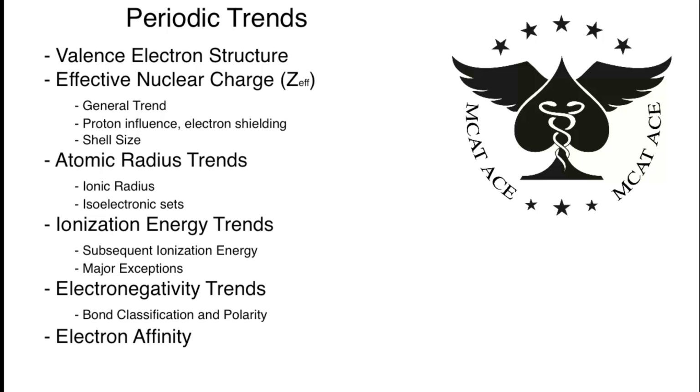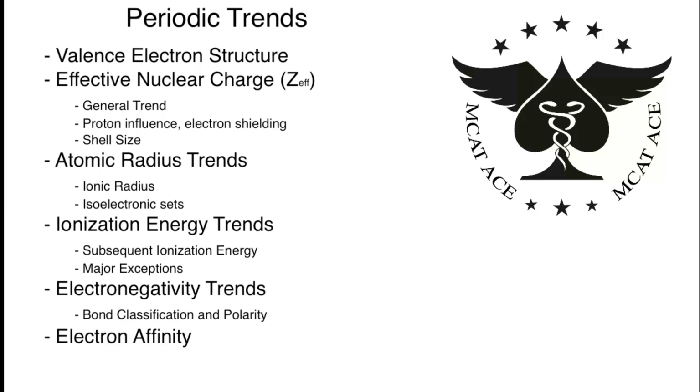Okay, then we'll talk about ionization energy and ionization energy trends. Ionization energy is the energy required to remove an electron from an atom. We could also do that more than once. So for instance, if I have something like magnesium that would have a 2+ charge, I have to take the first electron from magnesium, that would make it 1+, and then I would need to take a second electron from magnesium in order to make it 2+.